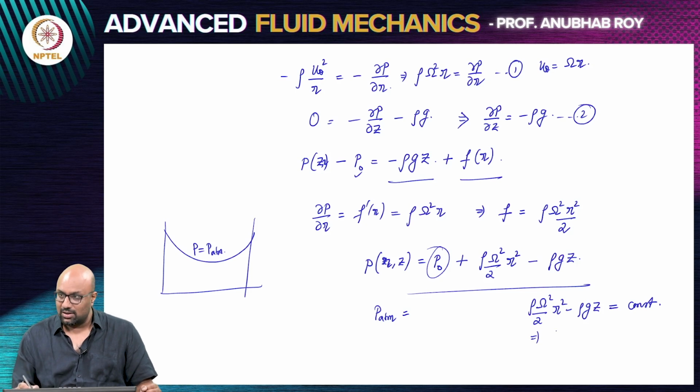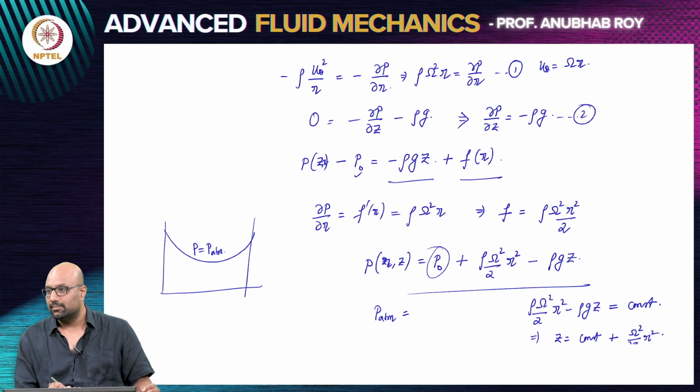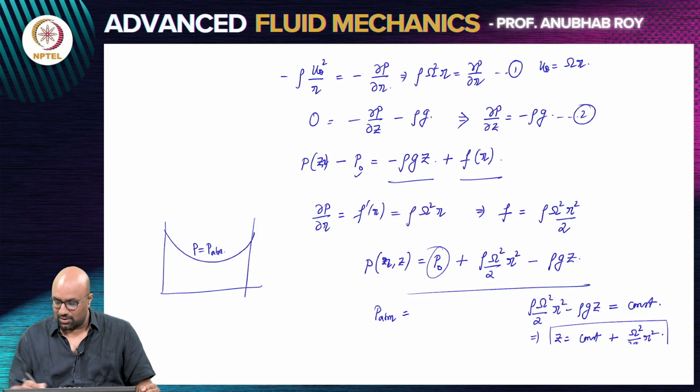Now, we have our equation that z is equal to a constant plus omega square by 2g r square. That is your equation for the free surface.